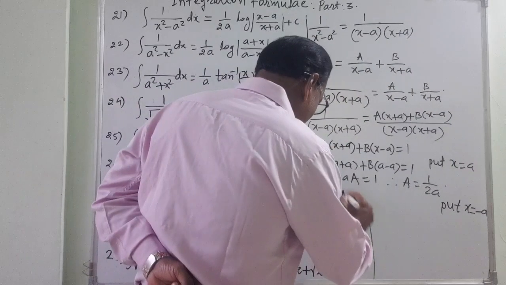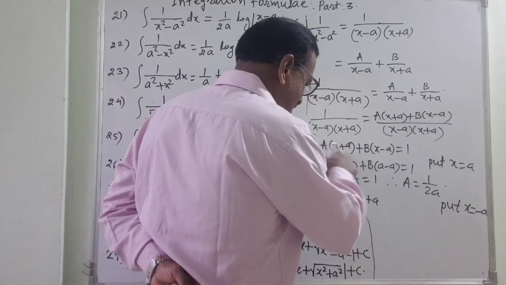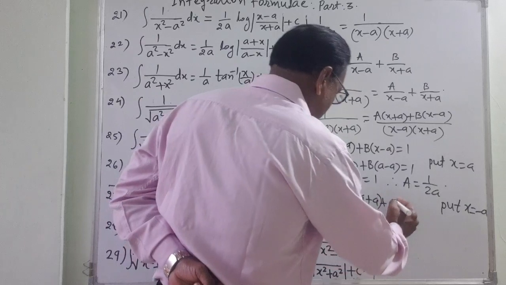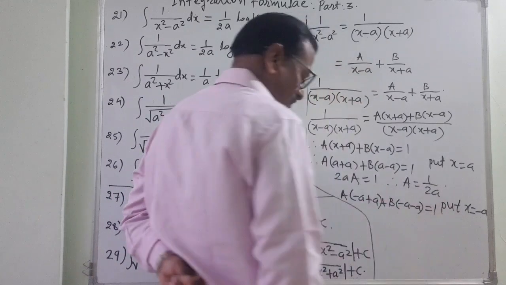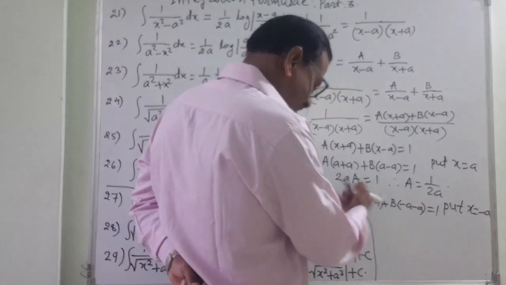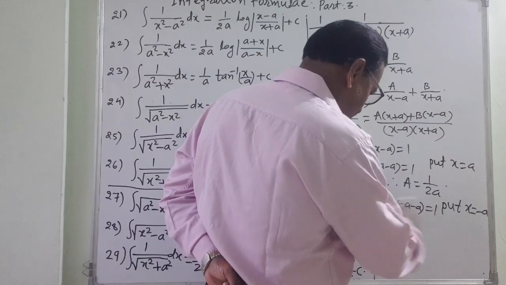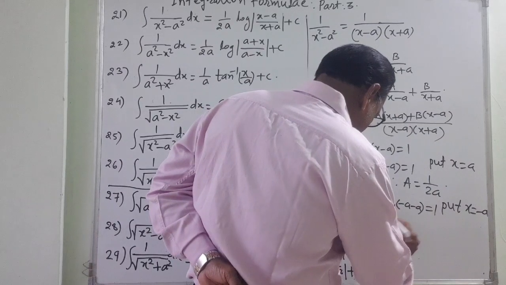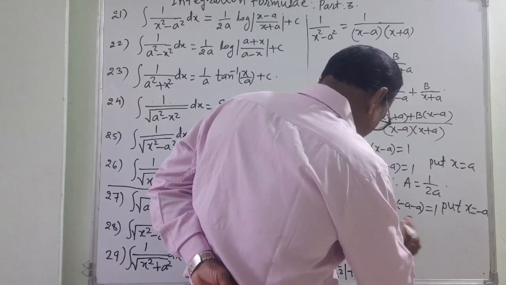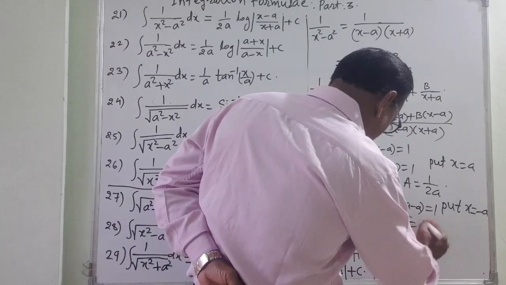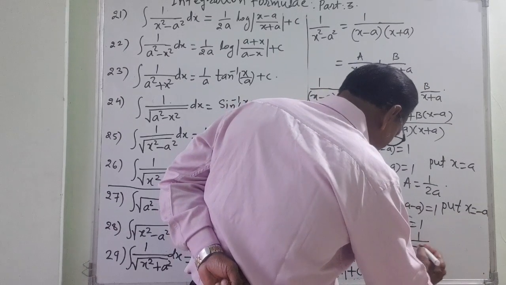Then A into (minus a plus a) plus B into (minus a minus a) is equal to 1. Naturally, minus a plus a gets cancelled and becomes 0. So minus 2a B is equal to 1, and therefore B is equal to 1 upon minus 2a.